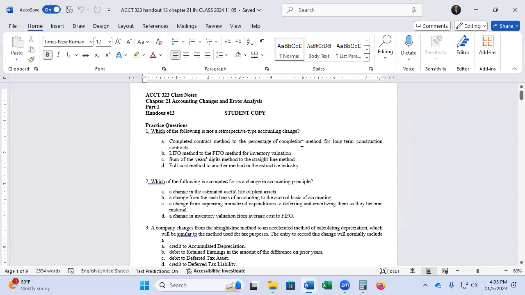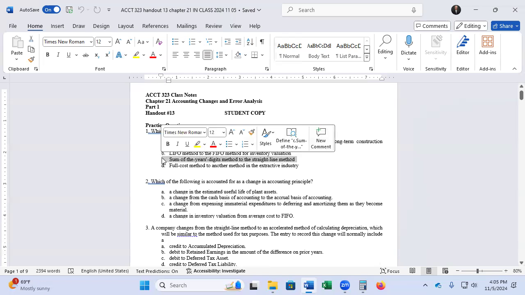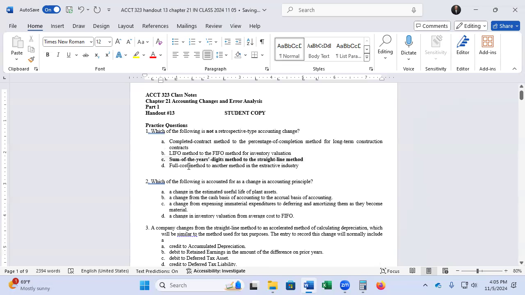So completed contract method to the percentage of completion method for long-term construction contracts? Nope. LIFO method to the FIFO method? Nope. Sum of the years digits to straight line? Yes. And the full cost method to another method in the extractive industry. So our answer is C.